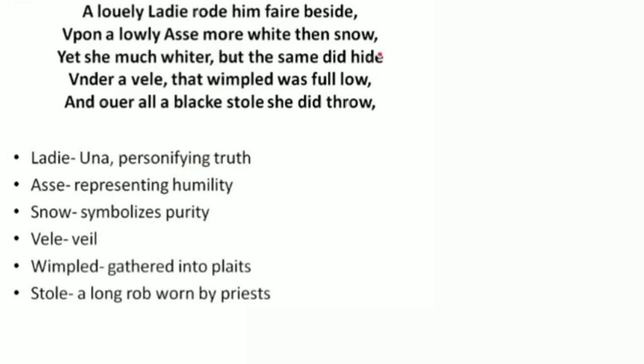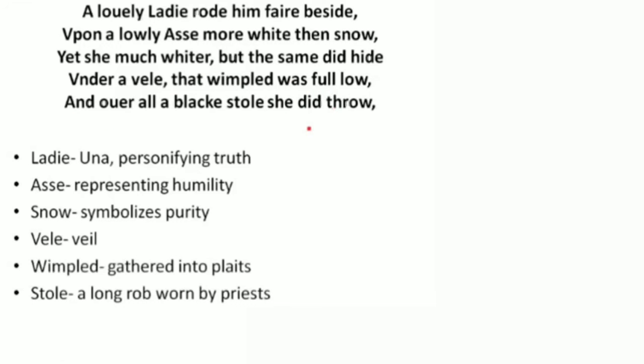More white than snow. And this ass was as white as snow, or rather it was more white than snow, yet she much whiter. It was more white than snow, but she was even whiter than the ass. But the same did hide under a veil that wimpled was full low, and over all a black stole she did throw. So how was she riding?